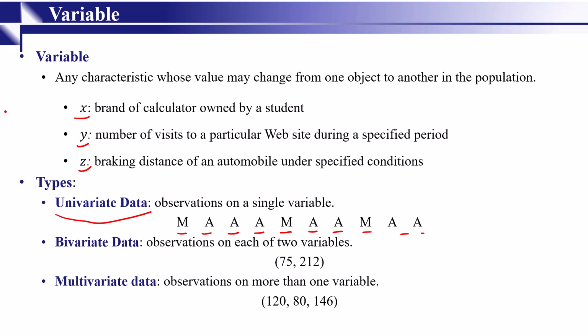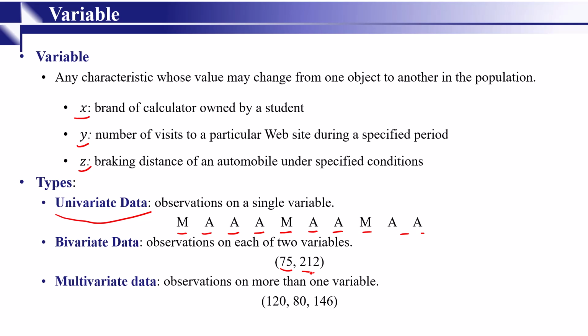We have bivariate data when observations are made on each of two variables. For example, our data set might consist of the weight and height pair of each basketball player on a team. So the first one is weight and the second one is height. Then multivariate data arises when observations are made on more than one variable.